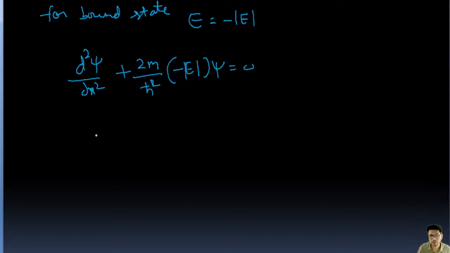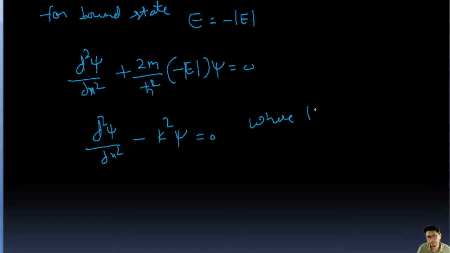So this is d square psi upon dx square minus k squared psi equal to 0, where k square is 2m mod E upon h cut square. This is the value.